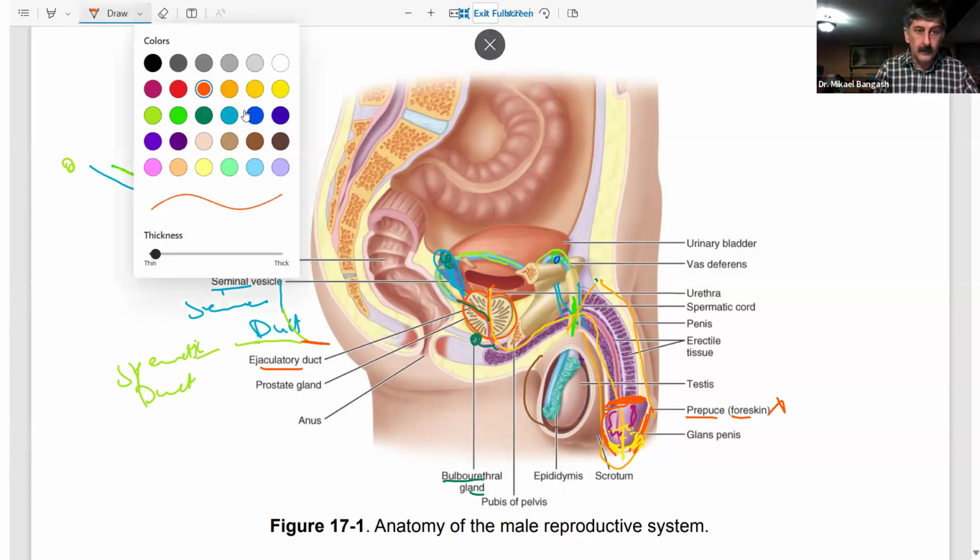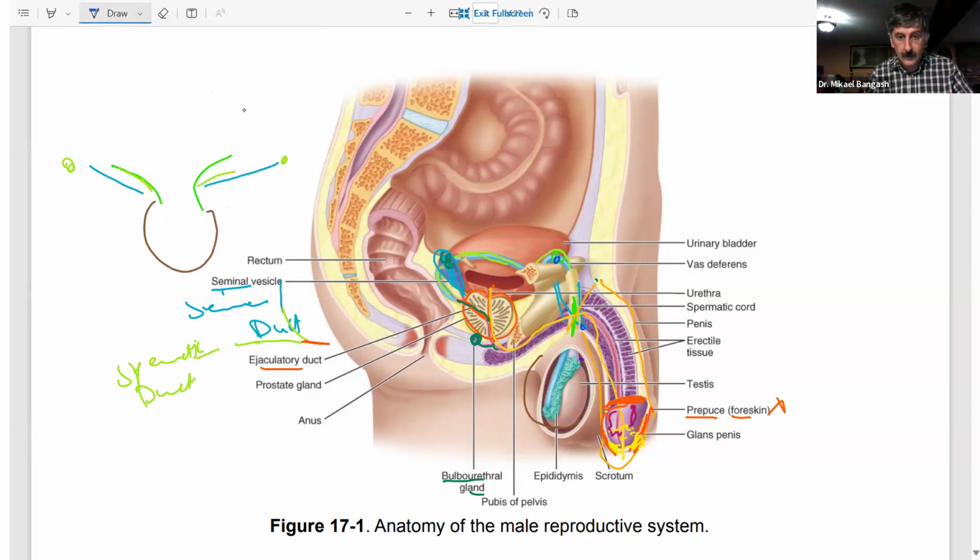Now, in the body of the penis, we had what your book may refer to as the erectile structures or erectile tissues, which I mean is the corpus spongiosum and corpus cavernosum.